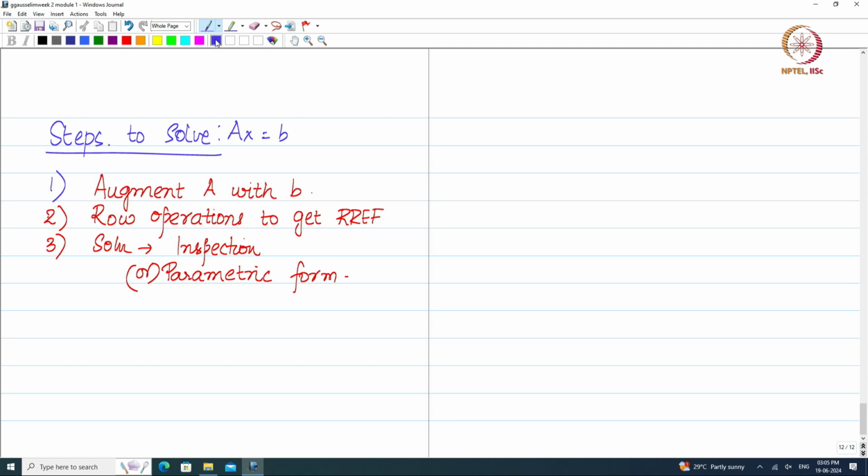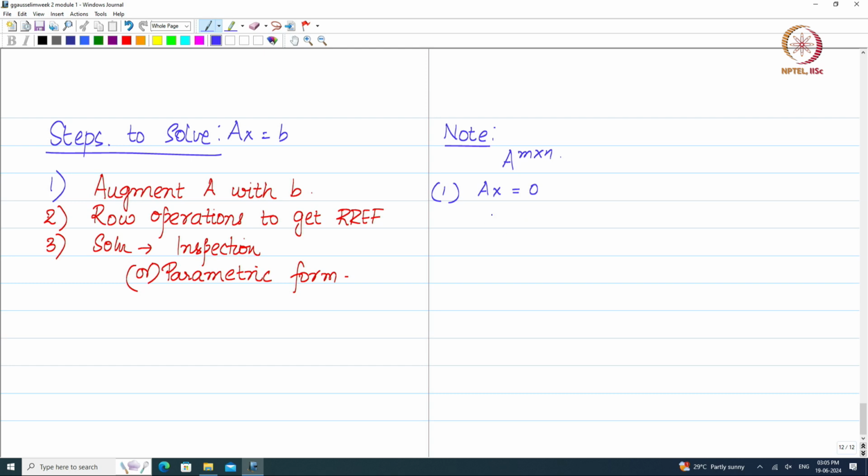Some comments on RREF. Let A be an m by n matrix. Consider Ax is equal to 0, the homogeneous system.